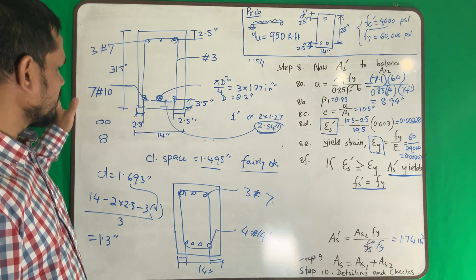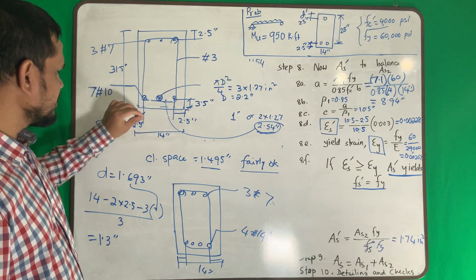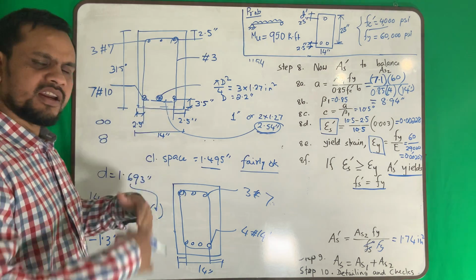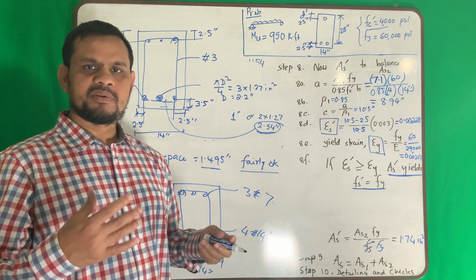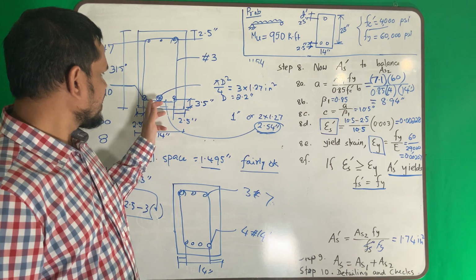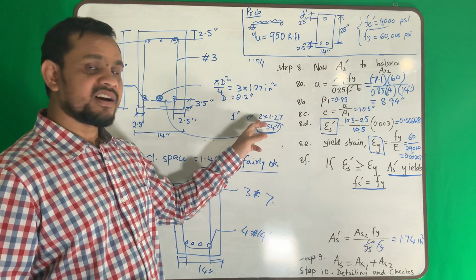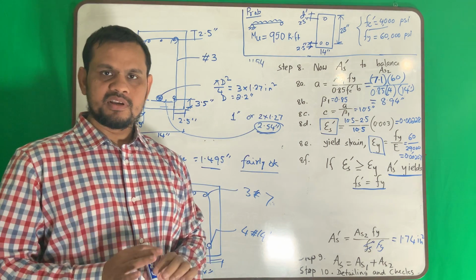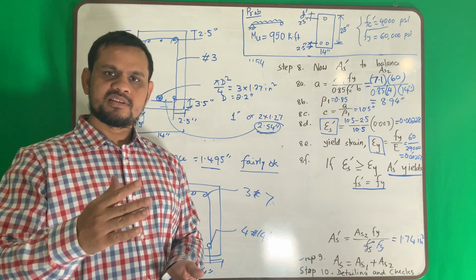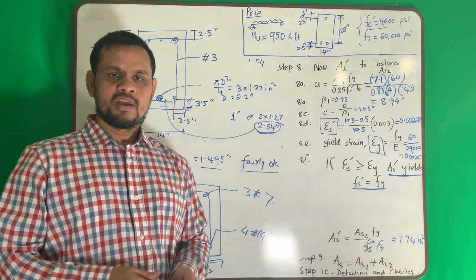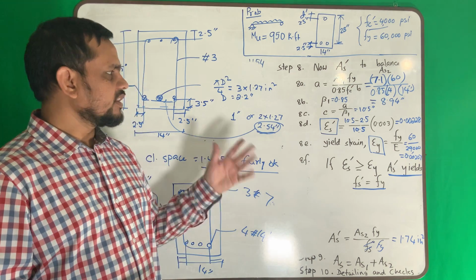Just go to the book, find some bar, place it, check the minimum reinforcement, and do several trials, then you will get an optimum solution. The minimum space of 1 inch or bar diameter is not always required, it is the code recommendation, but if it is slightly less, then it should be okay. So in my next video, I will solve another problem.